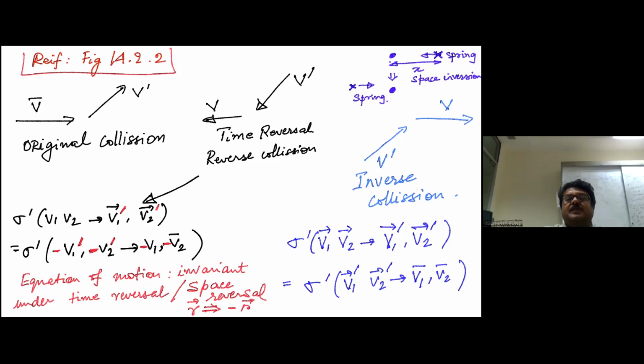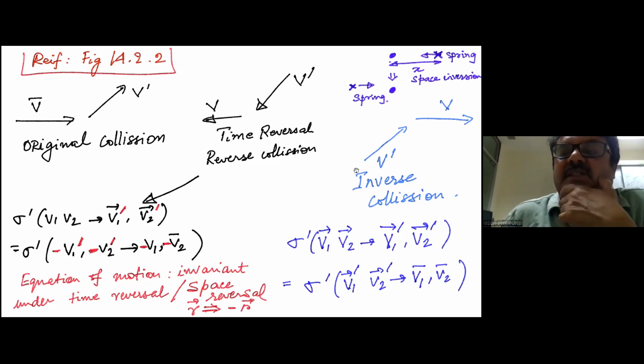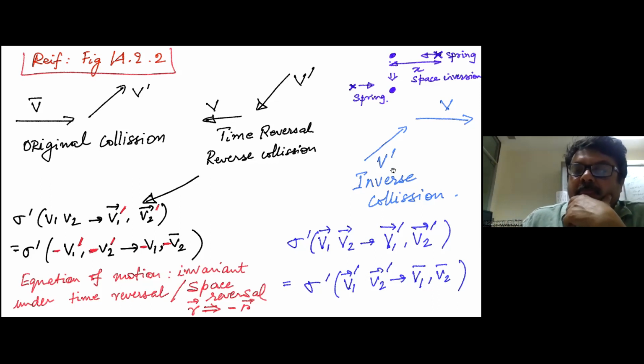But as a consequence of space inversion, you would have something called an inverse collision. The particle will still move forward, but if it was going with velocity v and then coming out with velocity v dash, now you have inverted v dash, I mean the space coordinate.